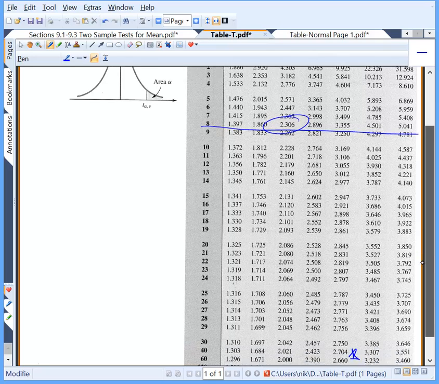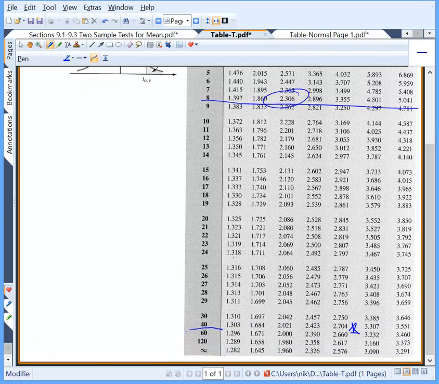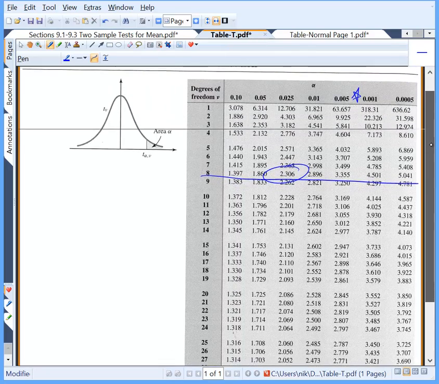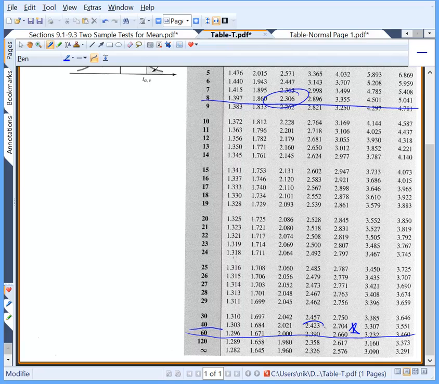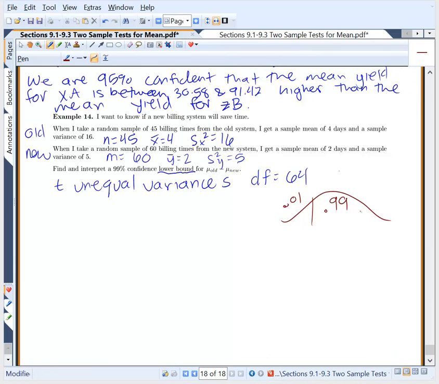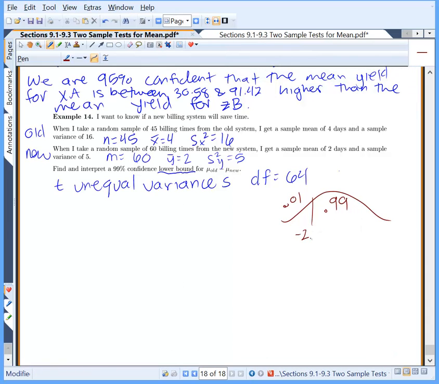See, for 64, I'll need to round down to 60, and I want 0.01 area in the tail, which puts me at 2.39. So 2.39. The positive value would be positive 2.39. My negative value is negative 2.39. However, by definition, your critical point is always the positive value. Okay, so my critical value is 2.39.